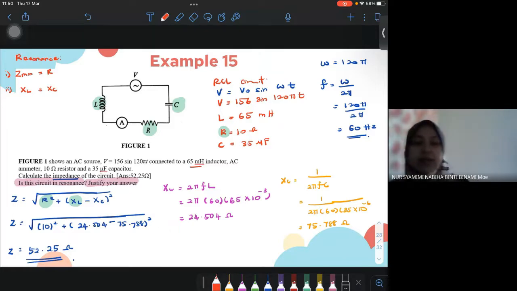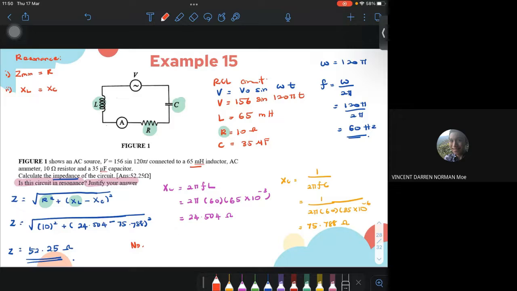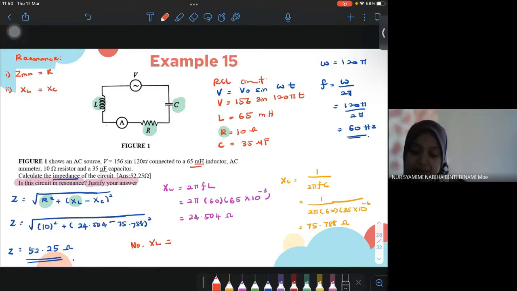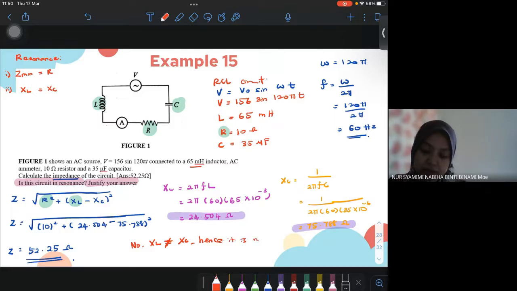So adakah syarat ini dipenuhi? No. Why? Because XL is not equals to XC. XL kita ialah 24.504, XC saya ialah 75.788. So, no, because XL is not equals to XC, hence, it is not resonance. Very good.